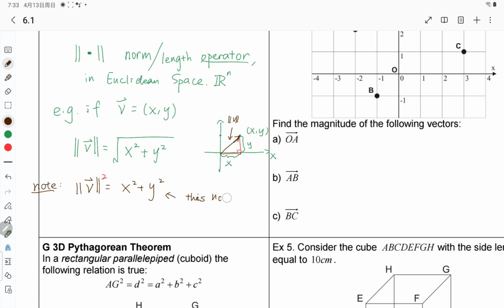This norm square formula is simply our Pythagorean theorem.